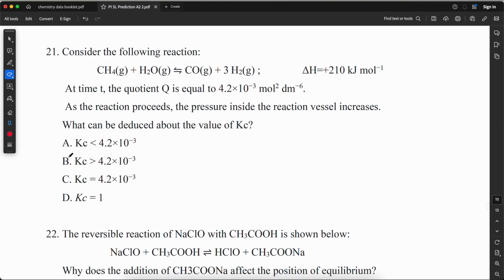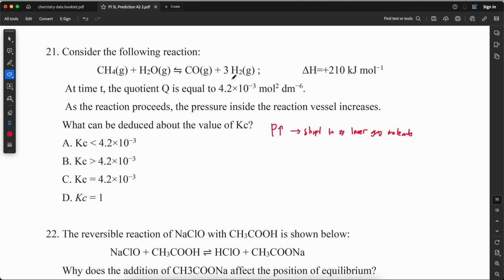Consider the following reaction. At time t, the quotient Q is equal to 4.2 times 10 to the power negative 3 mole squared decimeter to the power negative 6. As the reaction proceeds, the pressure inside the reaction vessel increases. What can be deduced about the value of Kc? When the pressure increases, it will shift to the side with fewer gas molecules.